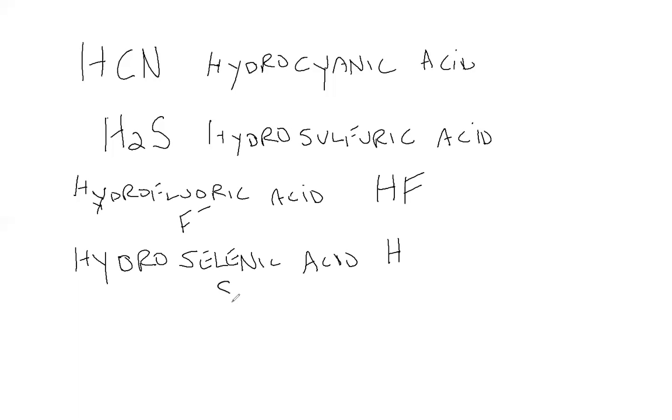So if we look on our periodic table, the selenide ion is Se 2 minus. So that means we need 2 hydrogens so that our charges will work out. So H2Se is the formula of hydroselenic acid. Okay, so that's it for our non-oxy acids.